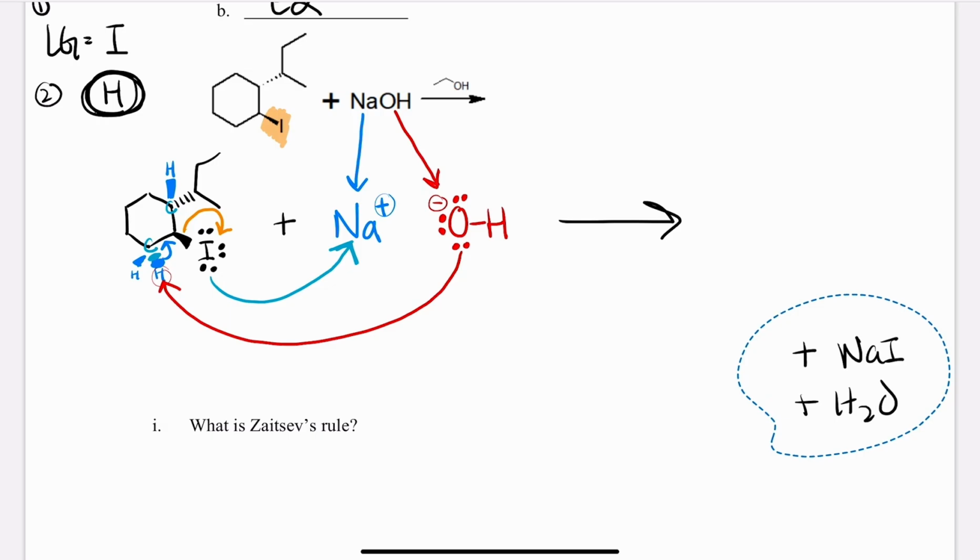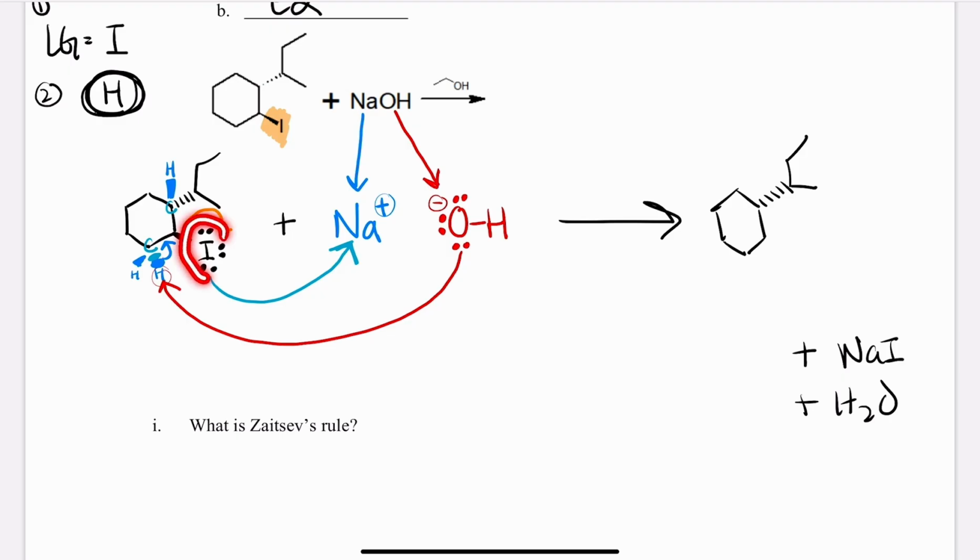But not only that, right? What does this molecule now look like? Well, it's still in its form with the cyclo. It still has that substituent there, right? Now, where did the double bond form? Always, the double bond forms between where the leaving group leaves from and where the hydrogen gets grabbed.